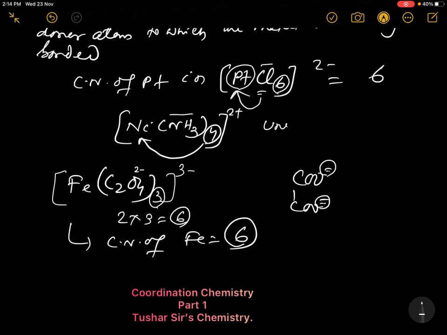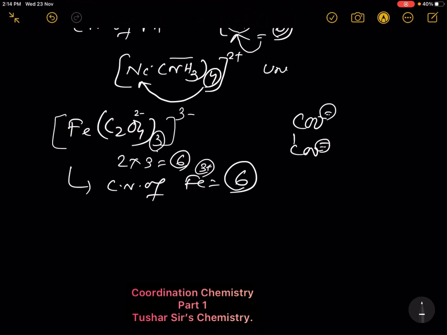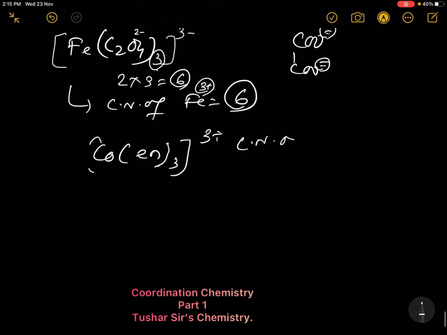In [Co(en)3]3+, the coordination number of Co3 plus, or you can say Co, is equal to 6. Why? en is a didentate ligand, means 2, and the number of en molecules is 3, so 2 times 3 is 6. So the coordination number of cobalt in this complex is 6.